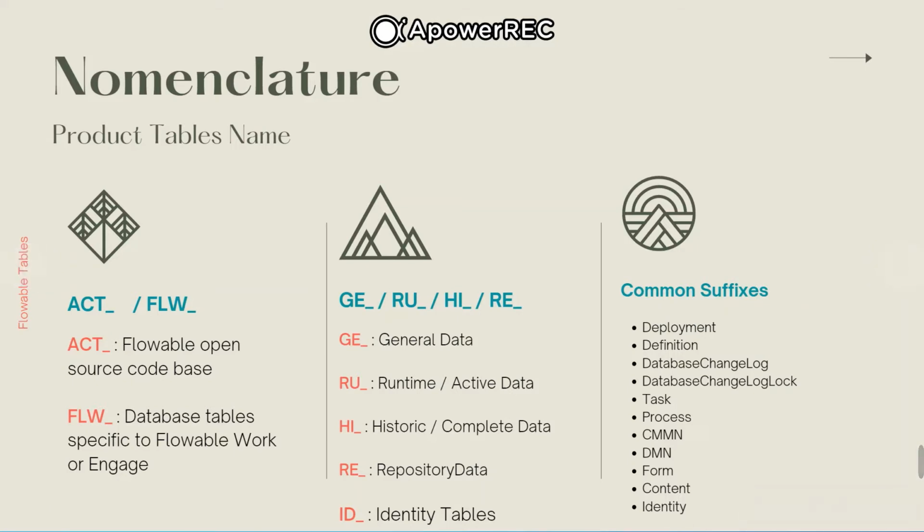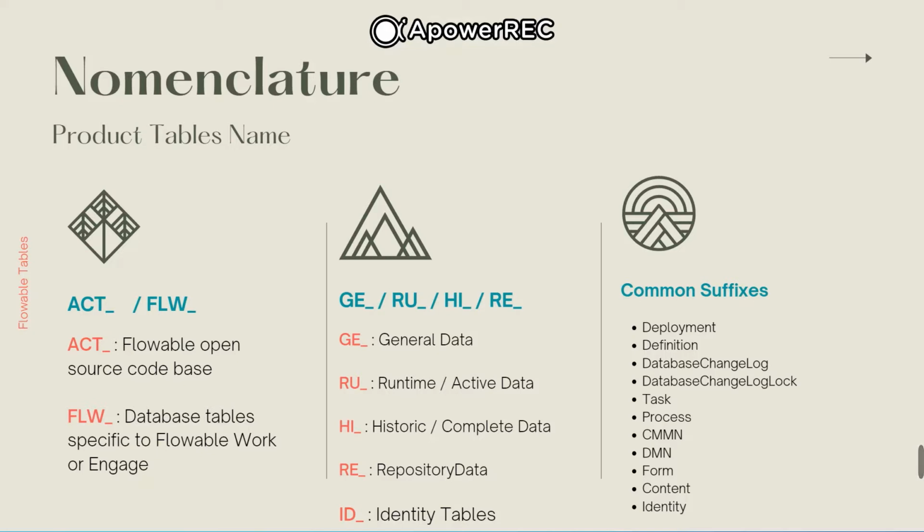After that, following the two underscores, we have the last suffix in the table name, which could be for the deployment, definition, or database change logs. For the Liquibase based tables it could be a task, process, DMN, or CMMN related table. To discuss a few, we have a common suffix for deployment, where one entry indicates a successful deployment and all definitions that are created as part of the deployment reference this entry.